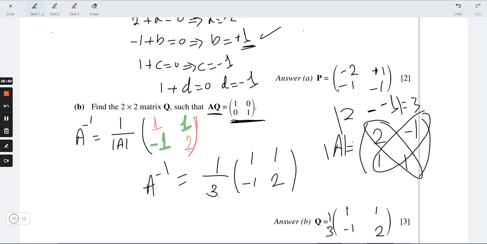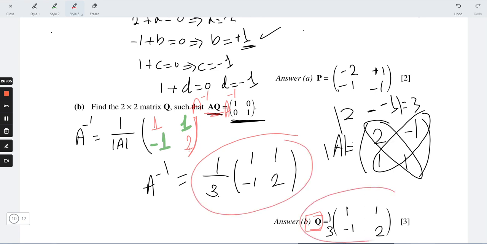What I meant here is that once you are multiplying by A inverse, A inverse times A will give you the identity matrix. Identity matrix times Q will give you Q, which is here. Now, A inverse times 1, 0, 0, 1. So A inverse is this one here. If you are multiplying it, you will get it here.